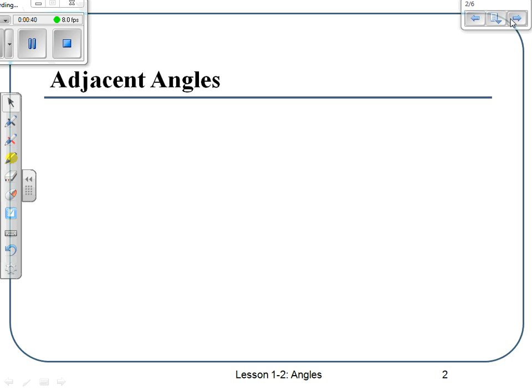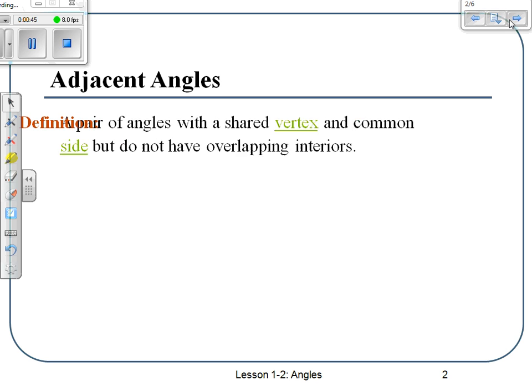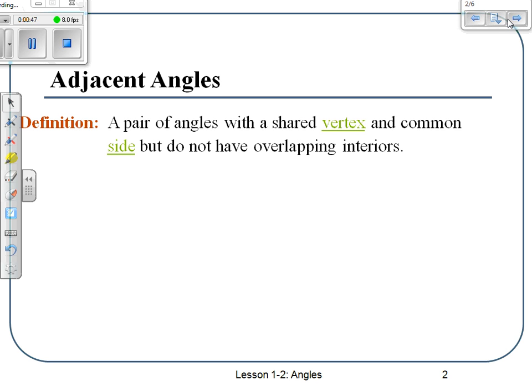Okay, adjacent angles. The definition's going to be a little bit strange to you. The definition is a pair of angles with a shared vertex and a common side, but they do not have overlapping interiors. Now, again, we're talking about definitions that are kind of bulletproof, that are going to definitely hold their water.